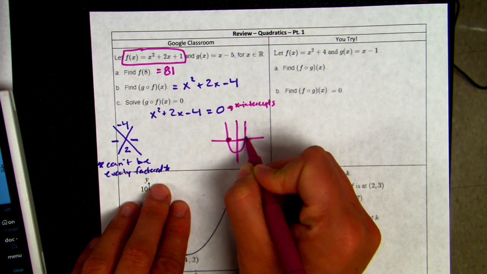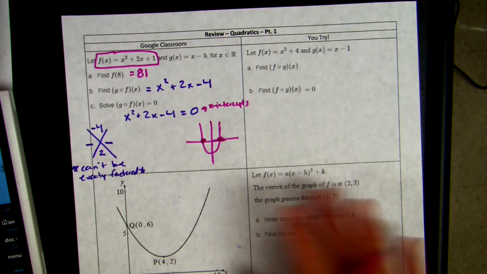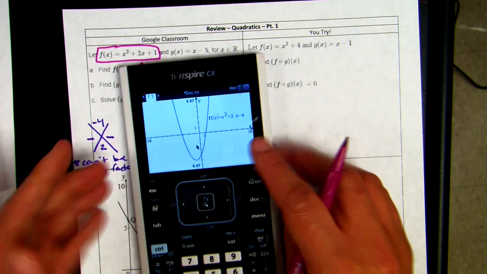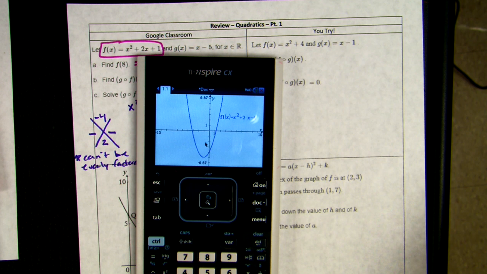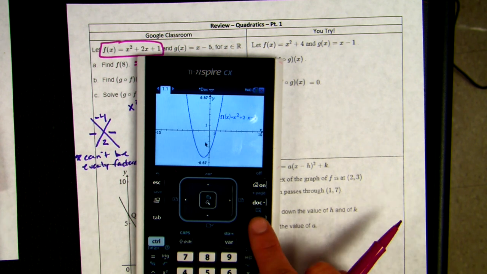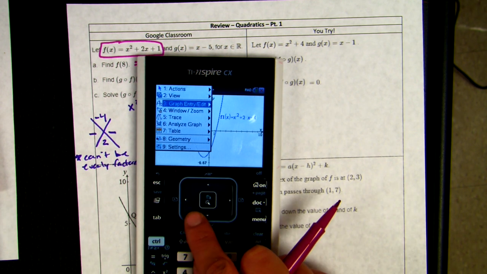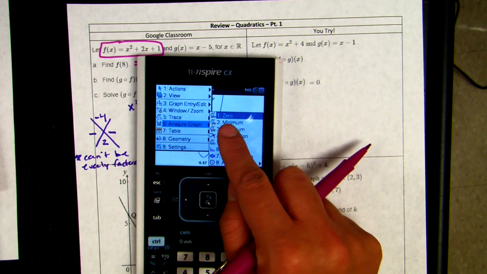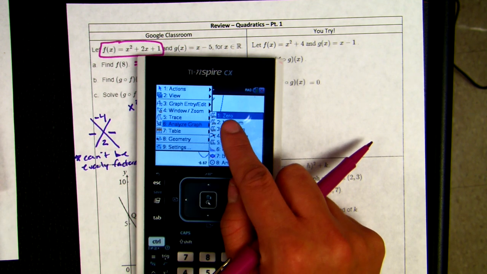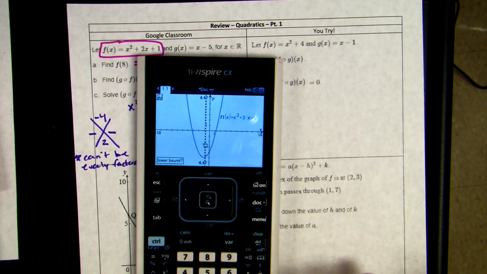My two x-intercepts are here and here, right? It's where it touches or crosses the x-axis. When I'm looking at this, it's really hard to tell exactly what those x values are. If you go to Menu, Analyze Graph, number 6 here, where it says 0, remember x-intercepts are also called zeros, we're going to hit Enter.